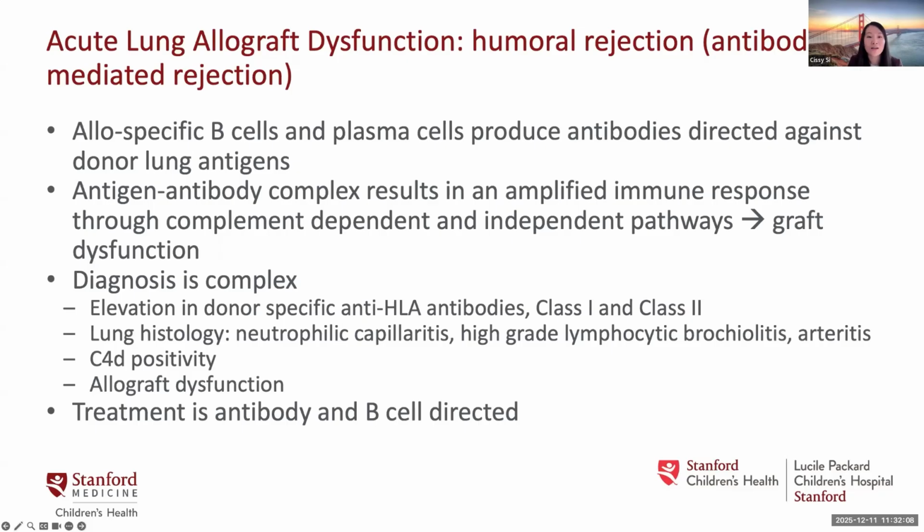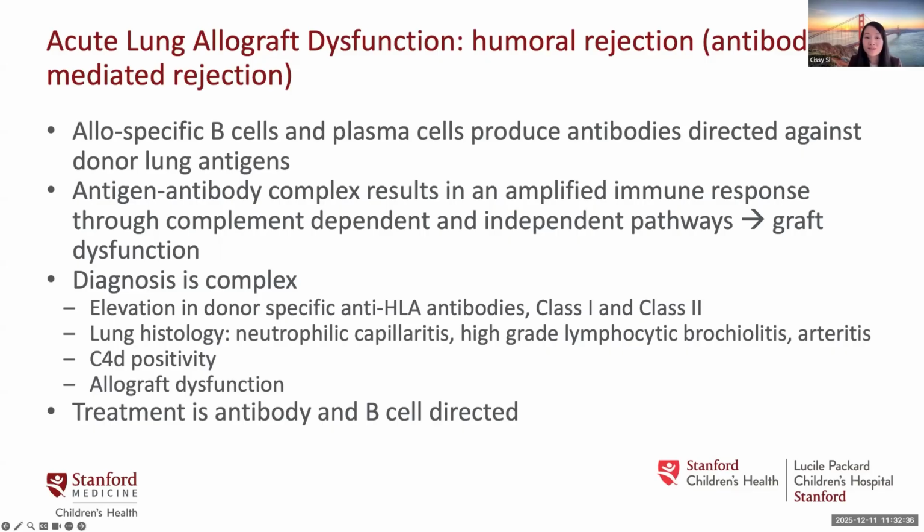Other complications that can occur include antibody-mediated rejection, which is more of a humoral rejection. And this is the etiology that presents when the B cells produce antibodies directed against the donor lung antigens. These antigen-antibody complexes can form, which leads to an amplified immune response through complement-dependent pathways that ultimately lead to graft dysfunction.